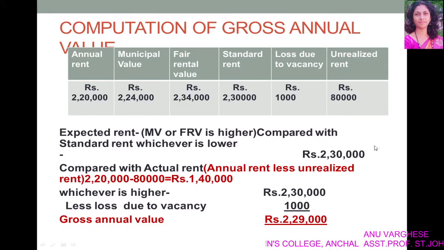The next step is you deduct loss due to vacancy, 1,000. So the balancing figure is 2,29,000. That is gross annual value. Hope you understood how to compute gross annual value when there is loss due to vacancy and unrealized rent. Thank you.